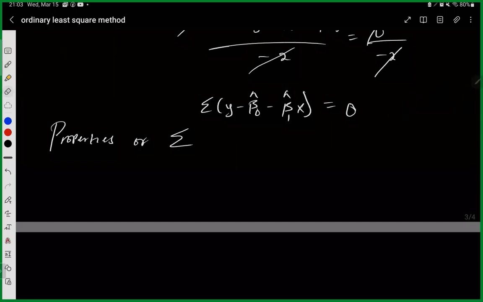Okay. So now, properties of sigma notation. The first property is that it's distributive. What do we mean?